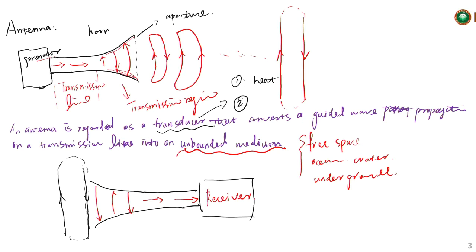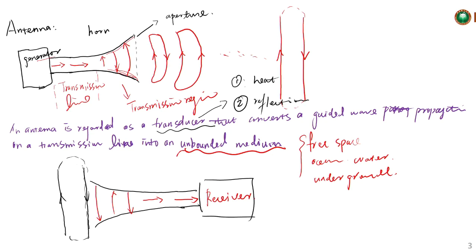It is very difficult, actually impossible, to achieve a perfect match between two components or two electromagnetic devices. If the phase or the impedance is not matched, there is going to be reflection.